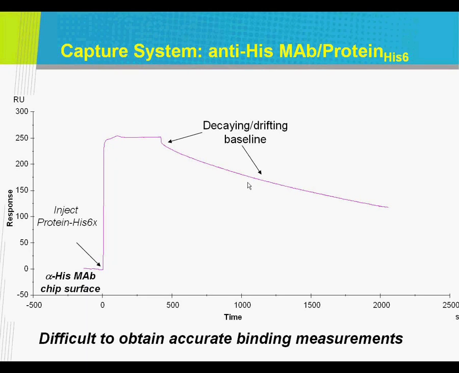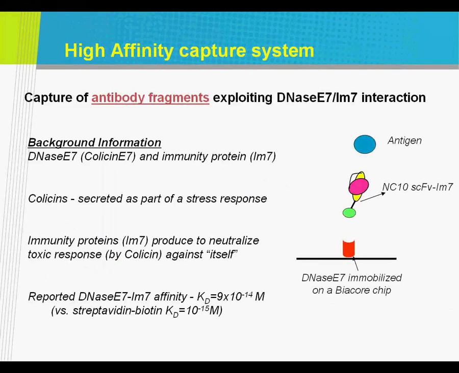Now, DNase E7 protein is essentially a subdomain of a colicin, in this case colicin E7, a protein that's produced by bacteria as part of their stress response. So if a bacterium is competing with another bacterium, it will produce this colicin E7, which will find its way into the competing E. coli, and through this catalytic DNase E7 subdomain will chew up the competing E. coli DNA.